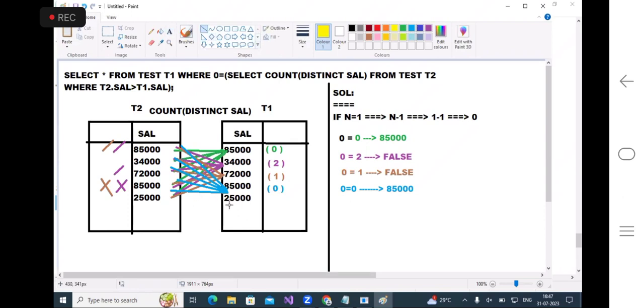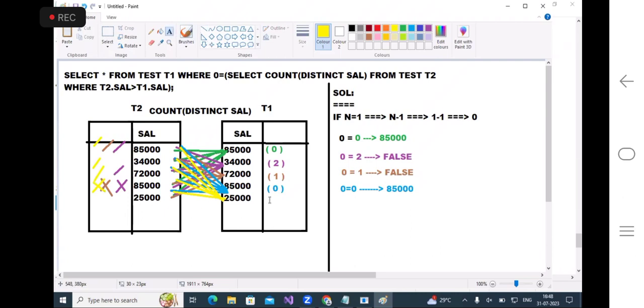Next, in the same pattern, 25,000. So 25,000 above, how many values are there? 85 is there, 34, 72, 85, but the second 85 is not counted, so 3.